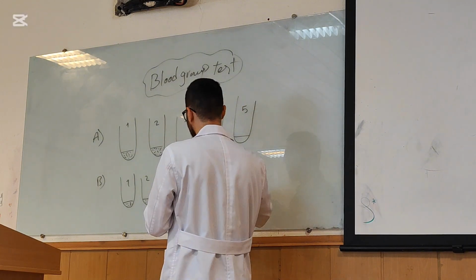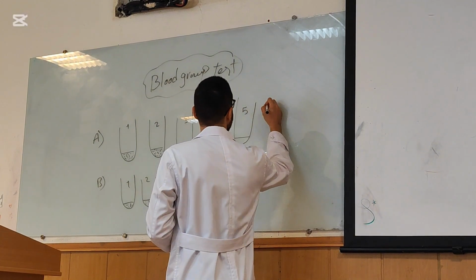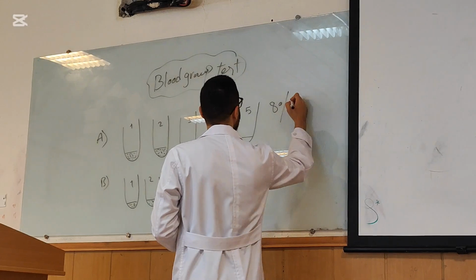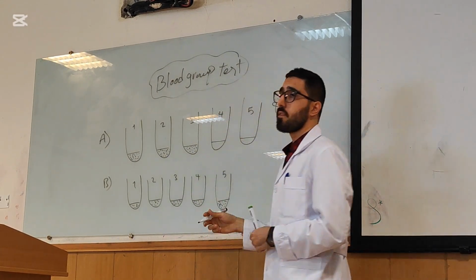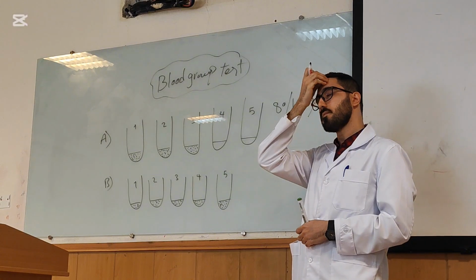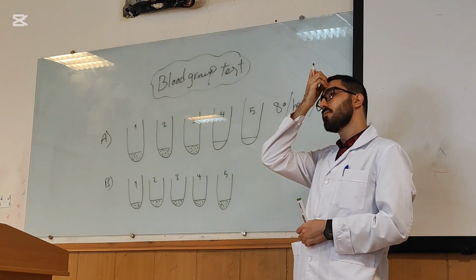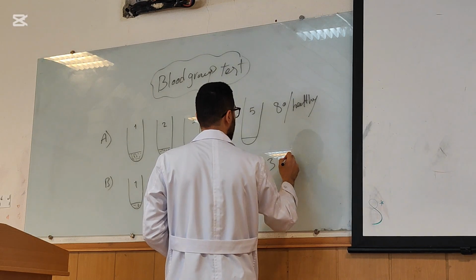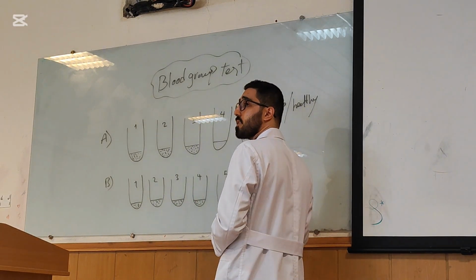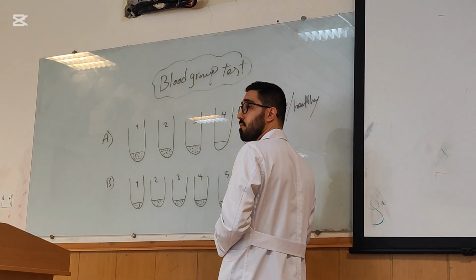For B, the titer is 320, and the patient is healthy or unhealthy? It is positive.